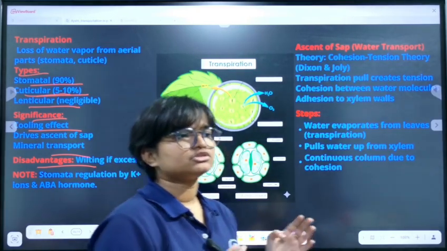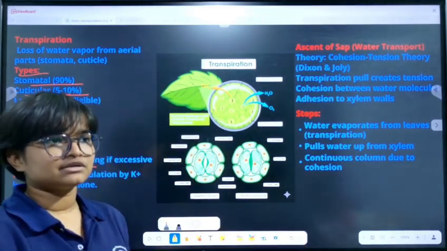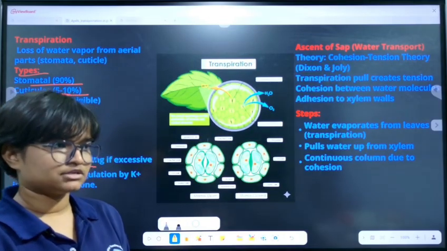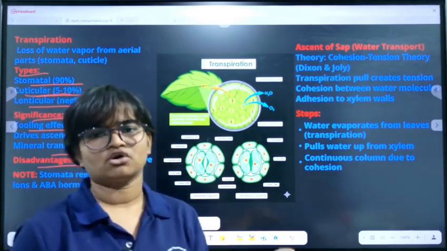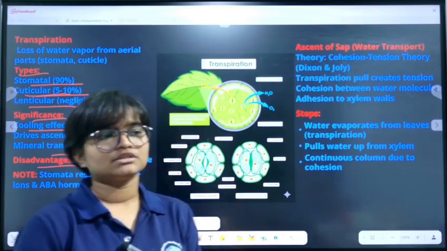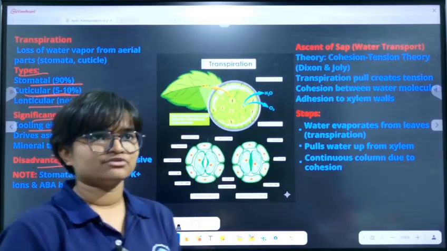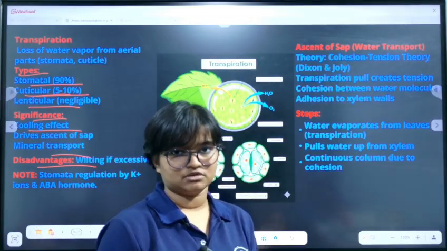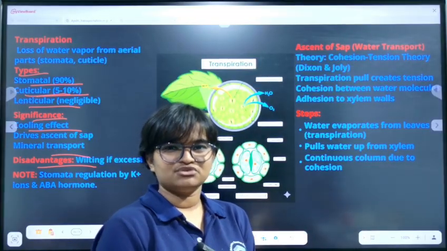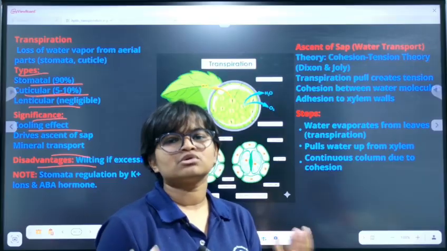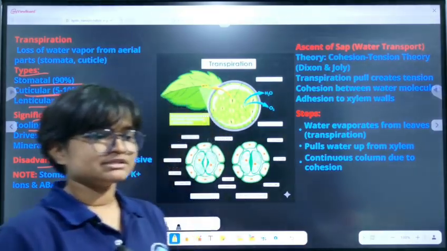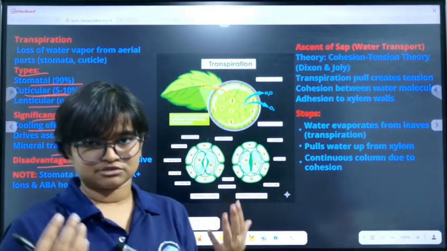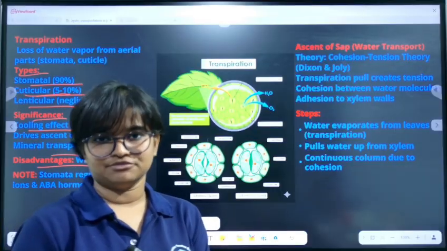In the case of plants, if you have seen plants on the roadside or in your own garden, the plants which do not get enough water wilt. They become very dry, or they don't look well. So if excess transpiration occurs, they will wilt.